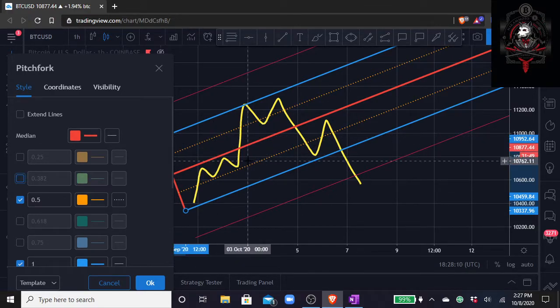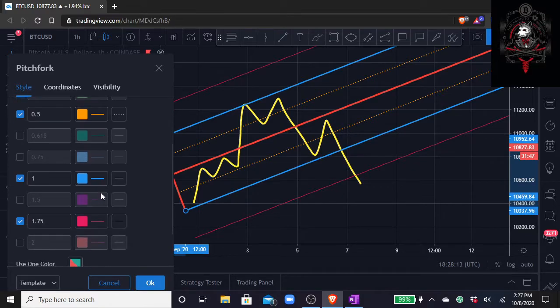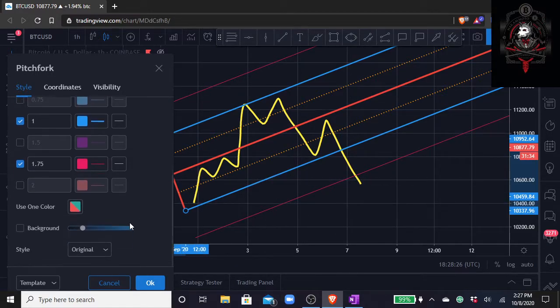You can make it so you have an exact double pitchfork there, so it's extended, and it all measures the same. So that way, if price does fall out of your pitchfork, you can look at your extended pitchfork and kind of get an area there too.